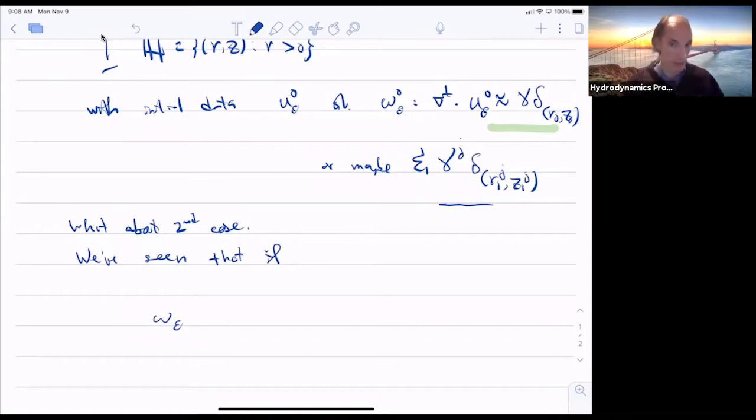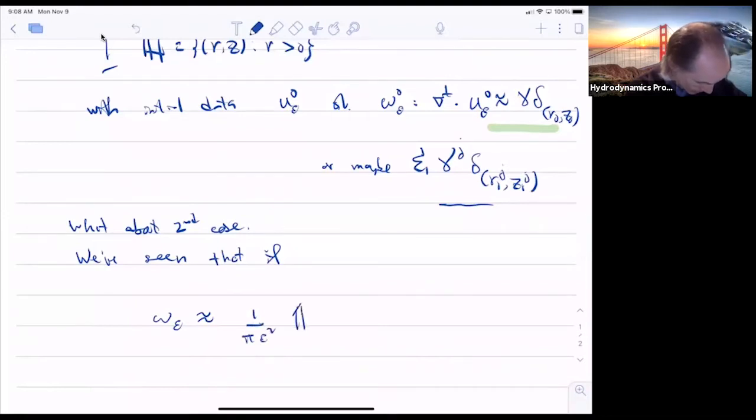It doesn't have to be initial vorticity. If at some time it looks like, say, 1 over pi epsilon squared times the characteristic function of a ball of radius epsilon, with a gamma here.